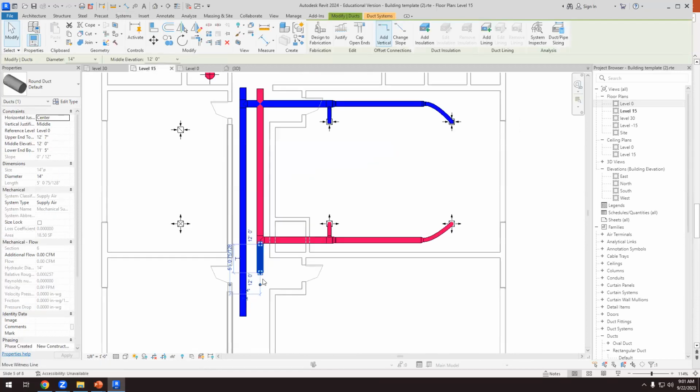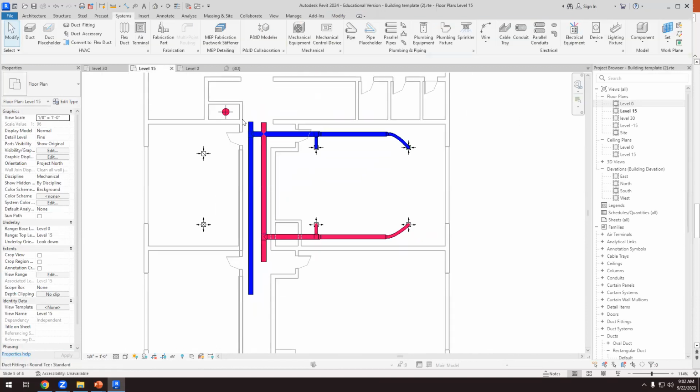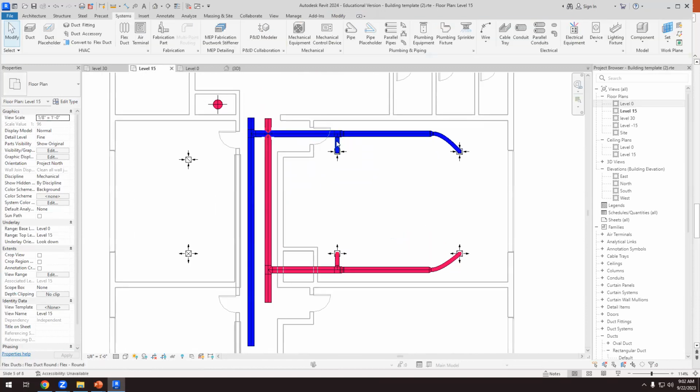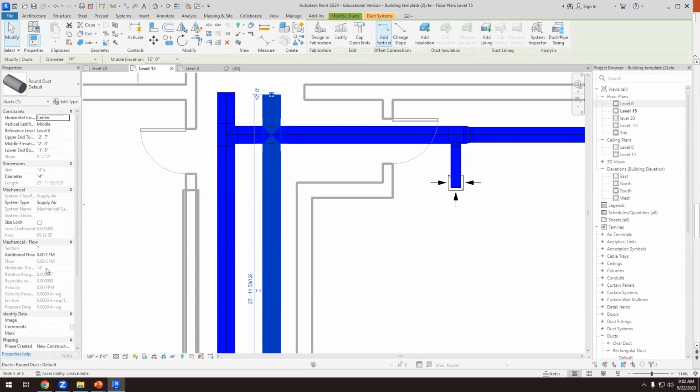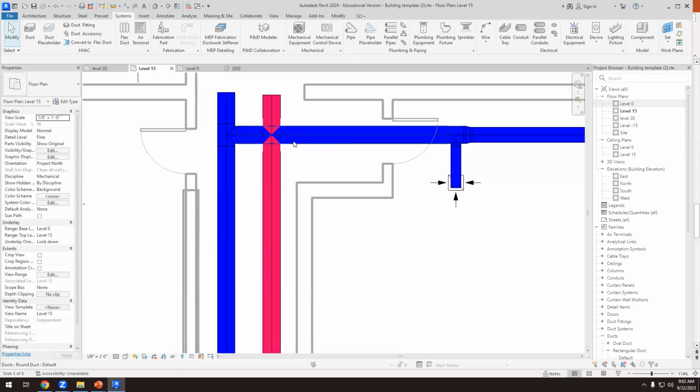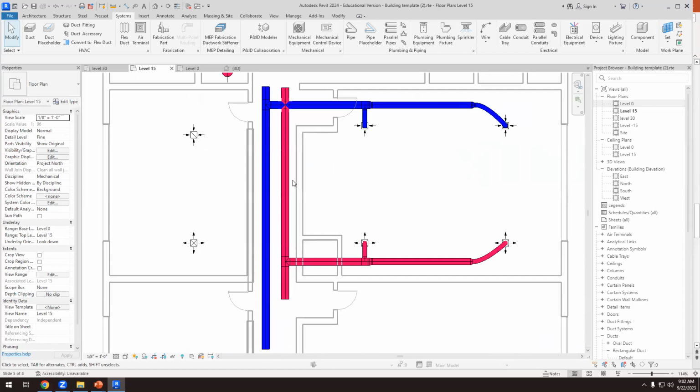If we see the colors, red is connected with red, blue is connected with blue, but here this can't happen. If we click here, you see that the airflow is 0. Why? Because Revit knows that here something is happening that shouldn't happen.